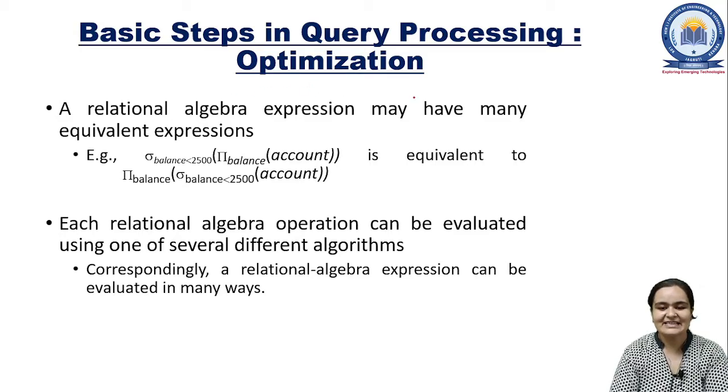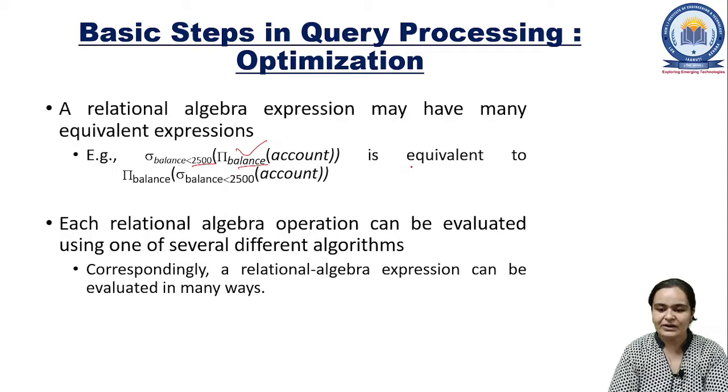Now, as an optimization step, a relational algebra expression may have many equivalent expressions. For example, if I want the balance of accounts which is less than 2500, I can project the balance, so the entire column becomes the query result, and then filter out the balances which are less than 2500.